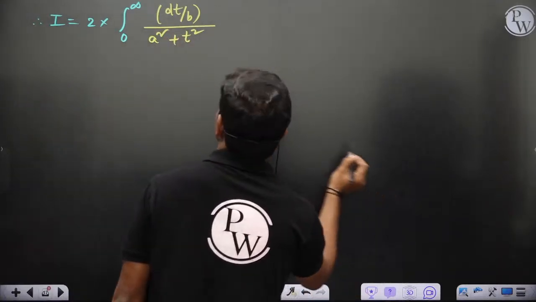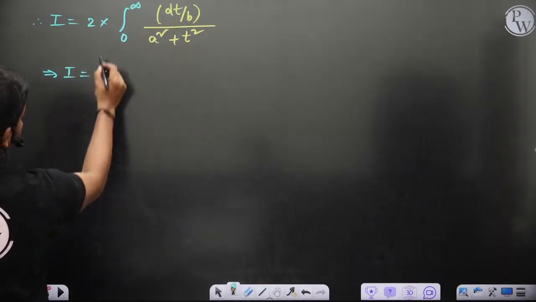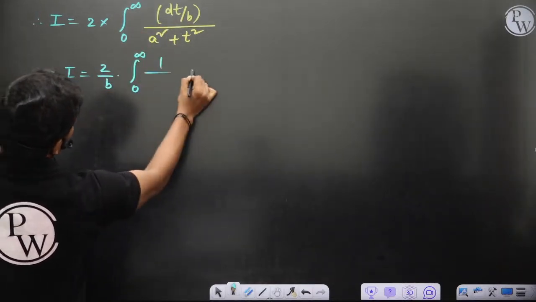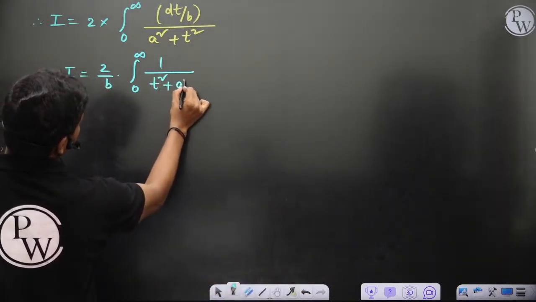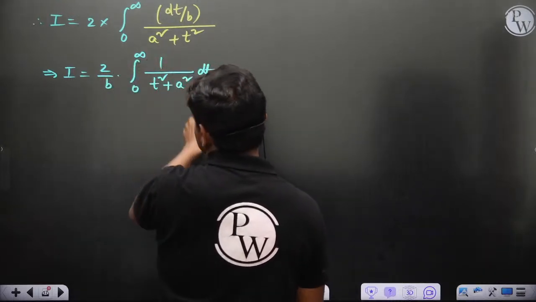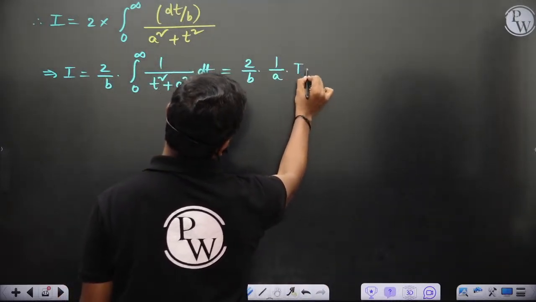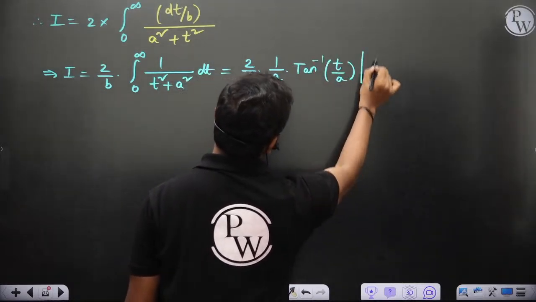So I is equal to 2, and this b can be brought to the denominator: integral 0 to infinity of 1 by a square plus t square, which you are familiar with. What is the integral of this? I gave you 1 by x square plus a square in the last class, which gives 1 by a times tan inverse t by a within the limits 0 to infinity.